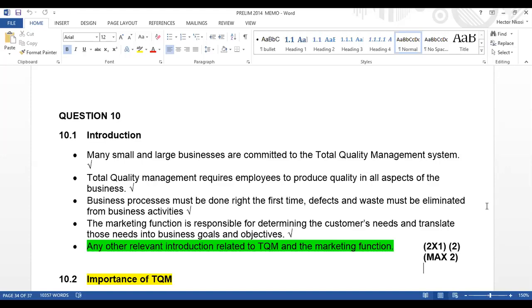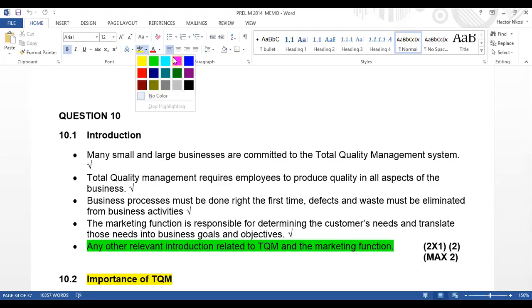We have started already with our introduction. In the introduction, what we're supposed to do is explain the term that is being introduced to us, or explain what the essay is about. This one talks about total quality management, so you must say anything about your TQM.